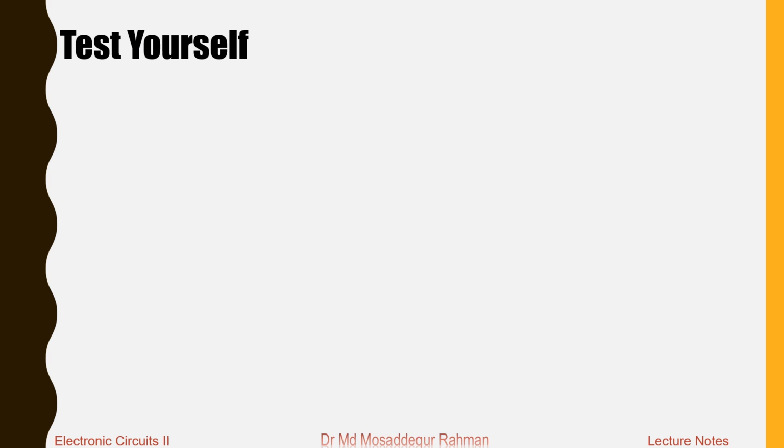Okay, so now that we have finished our discussion on the introduction of the op-amp, let's test ourselves on how much we have learned, or how much you remember of what we have discussed. So first, draw and label the pin diagram of an op-amp.